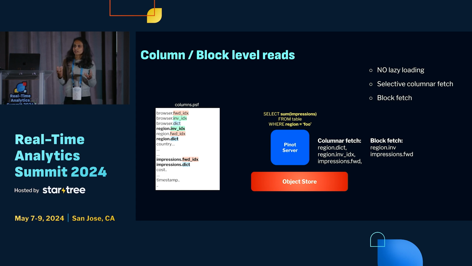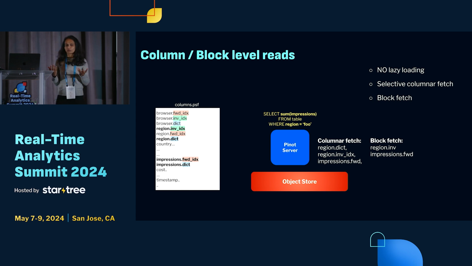But the way we thought about this was making sure we only fetch what we really need. So in an example like this, where we know that, hey, we just need the impressions or region column, we'll only fetch the relevant buffers for those columns. And then even going beyond that, to read an inverted index based on the offsets, we know exactly what bytes we need to read.